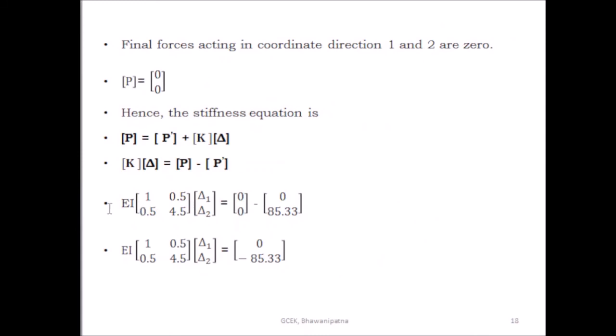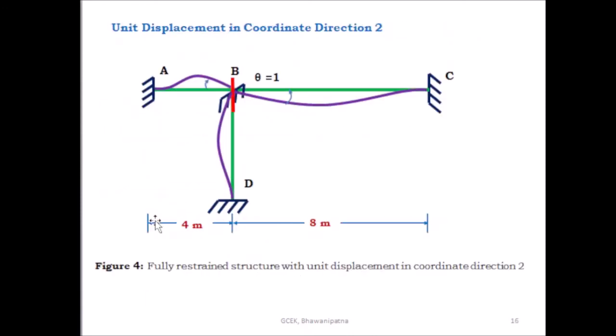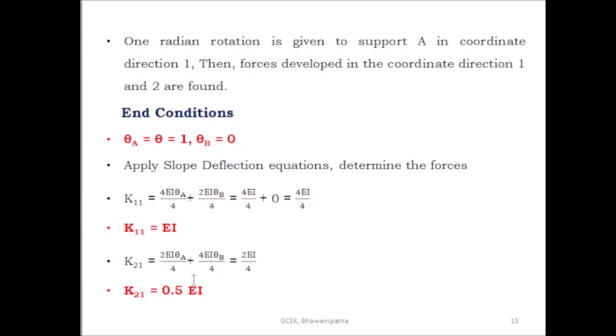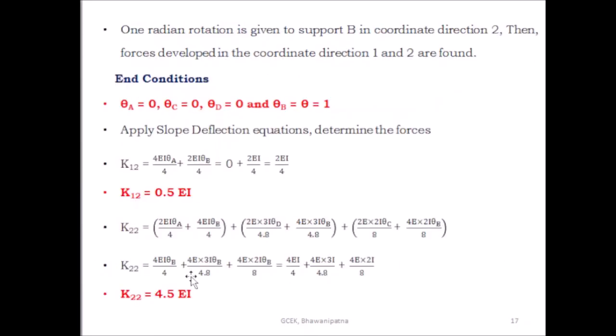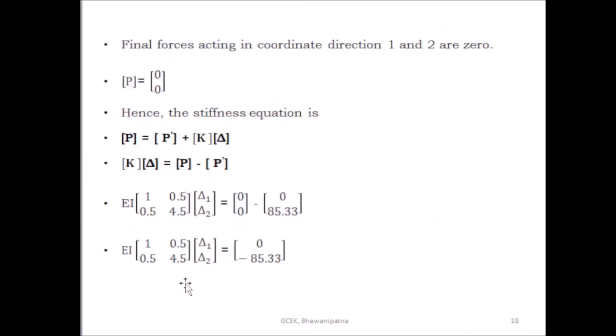After taking EI common, 1, 0.5, similarly K21 is 0.5 EI and K22 is 4.5 EI, so 0.5, 4.5. So EI times this is the stiffness matrix, then delta, the two coordinates delta 1 and delta 2, then P. There is no external force, the external force is 0, so you have to take P equal to 0, 0, then this is P dash.